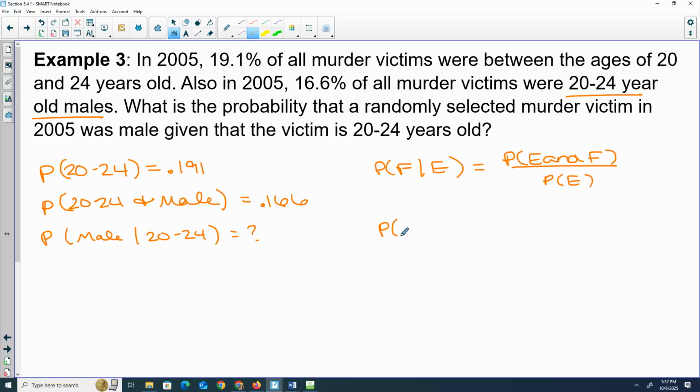So the probability that they were male, given they were 20 to 24, is how many were both male and 20 to 24, divided by, my condition is 20 to 24. How many were 20 to 24? And so we get 0.8691.